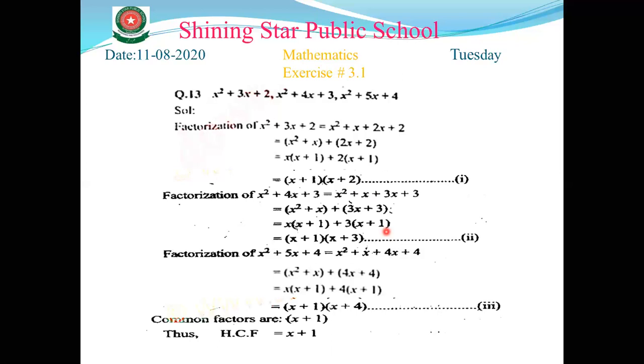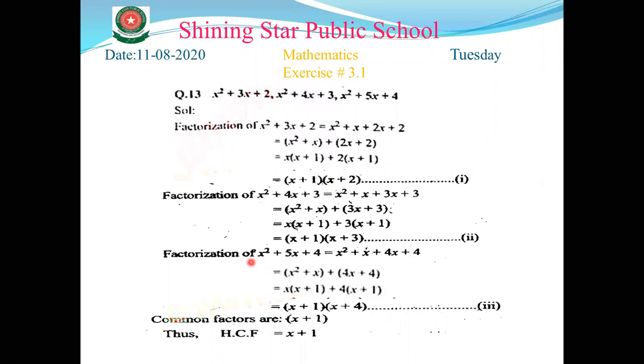So, when we take the common x plus 1 from the first term, we will get x, and from the second term, we will get 3. So, that's why x plus 1 multiply x plus 3 is your answer of the x square plus 4x plus 3.